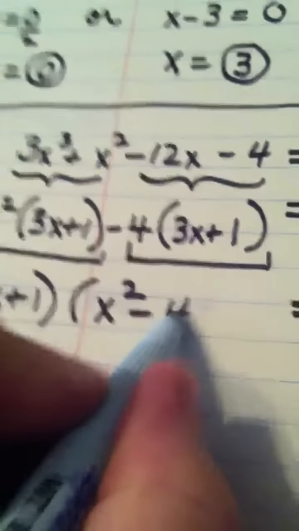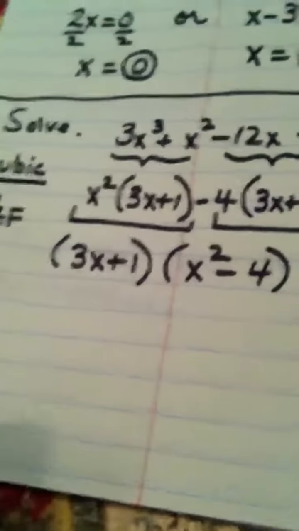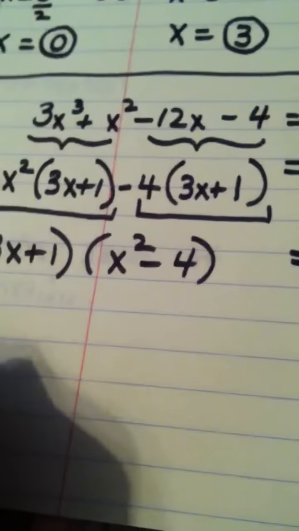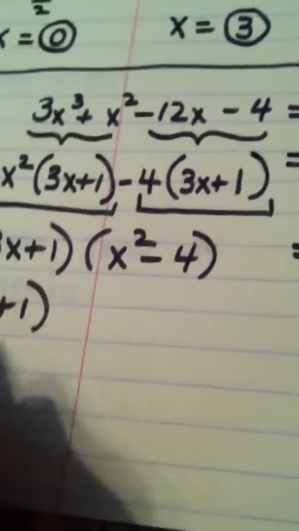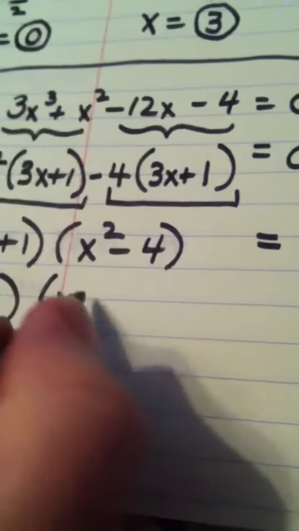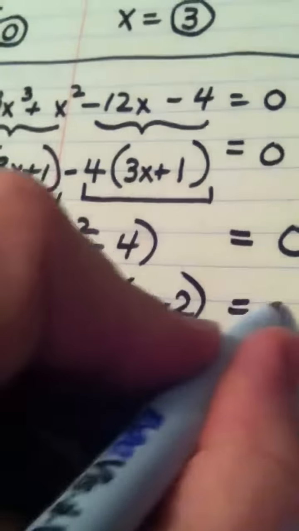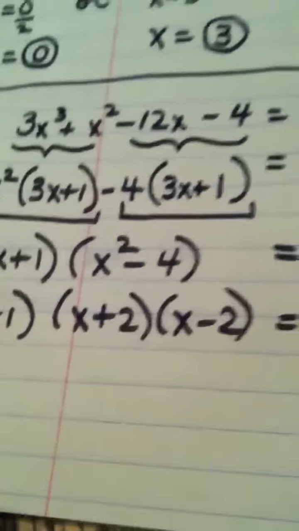X squared minus 4 is left over. Okay? Now, this is done, but x squared minus 4 can factor as x plus 2 times x minus 2. So on this one, I'm basically just going to factor till I drop.